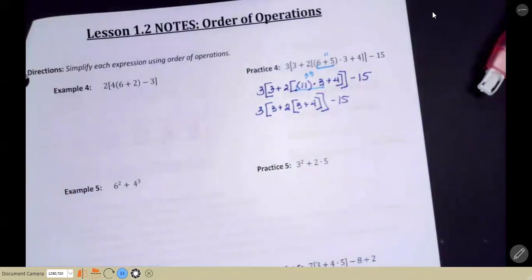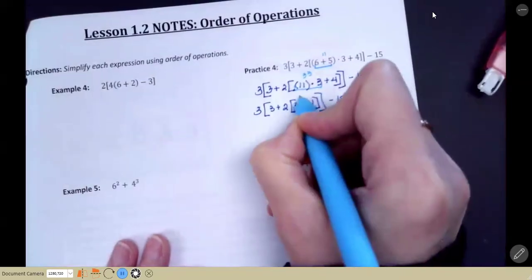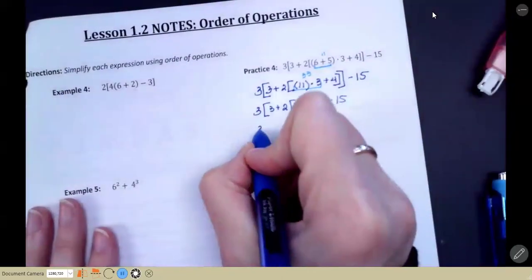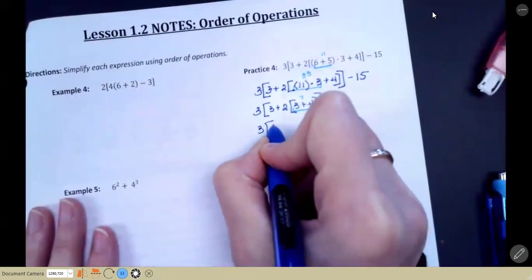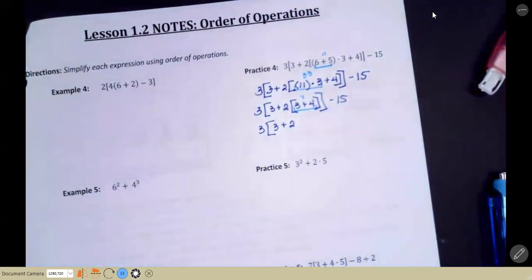Again, we're still not done with groupings. I want you to pay attention to how I write this. We have 3, and then we start a bracket, 3 plus 2, and then 7. Do you see what operation we have here with 2 and 7? What are we doing? Where did the 33 go?